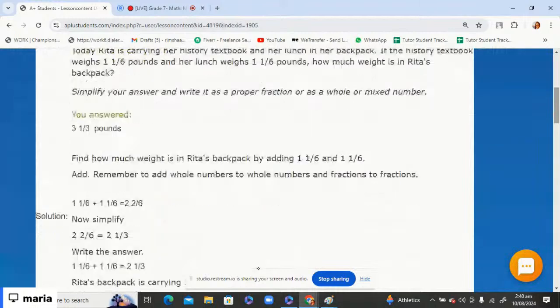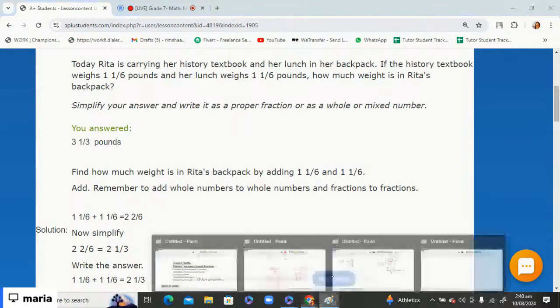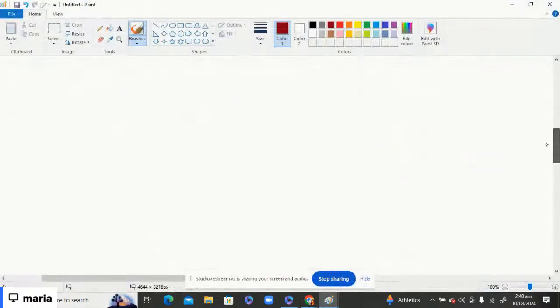Okay. So how can we add up? Look here, this is the best method to add. 1 into 1 by 6 plus 1 into 1 by 6. How can we add up?